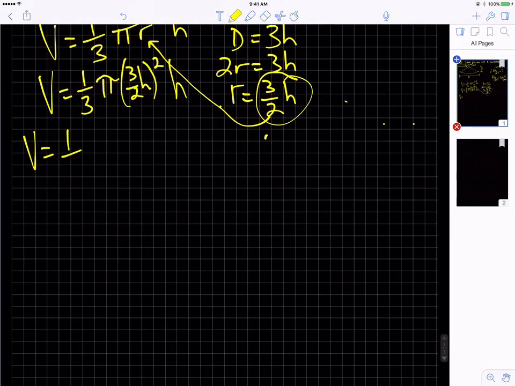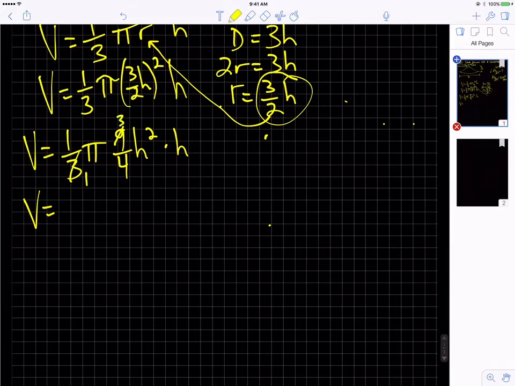I've got 9/4 times h. Further simplifying, the 1/3 times the 9/4 gives 3/4 pi h cubed. That's the volume formula for this particular cone.